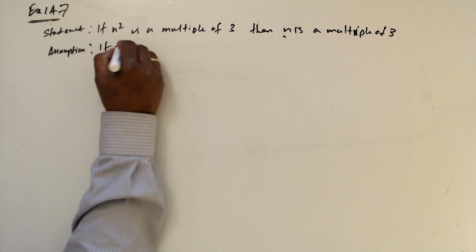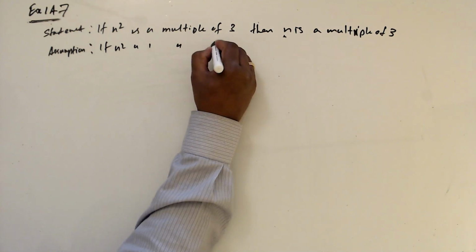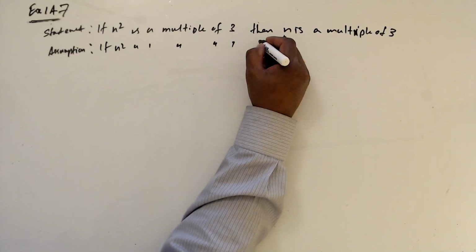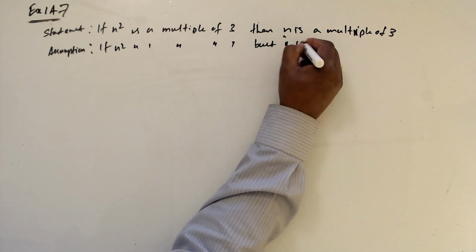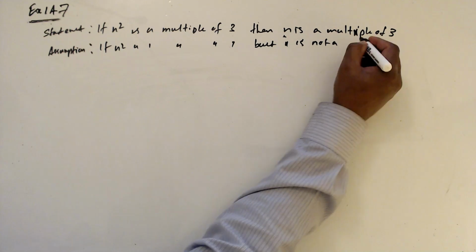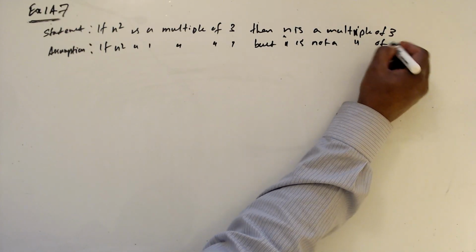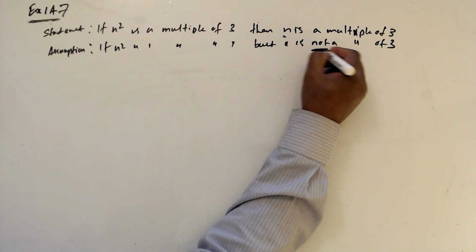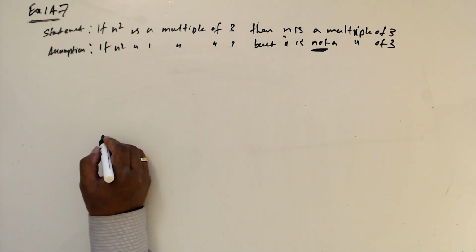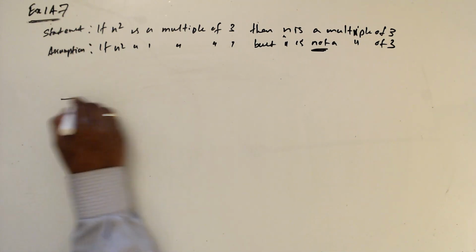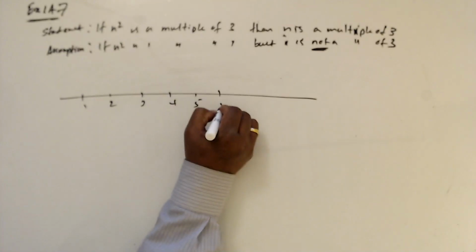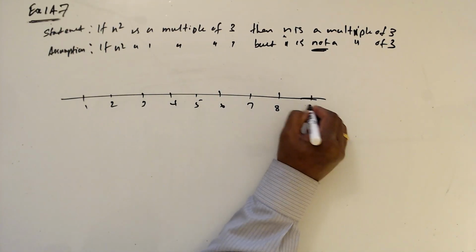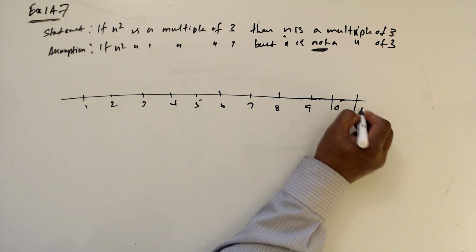So now the assumption: if n square is a multiple of 3, but n is not a multiple of 3. Then consider the whole number line 1, 2, 3, 4, 5, 6, 7, 8, 9, 10, 11.